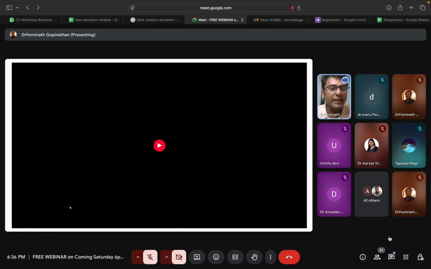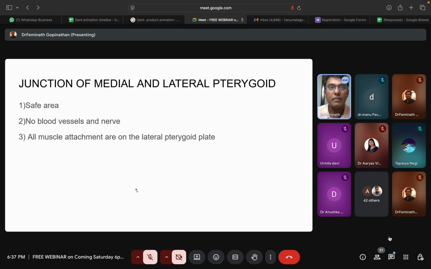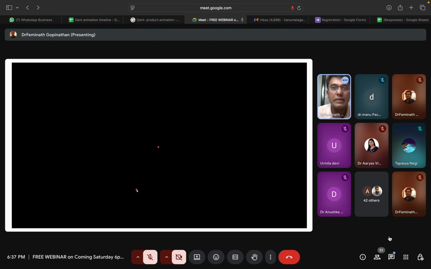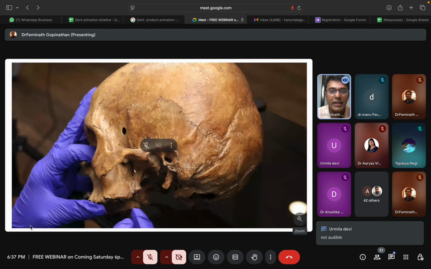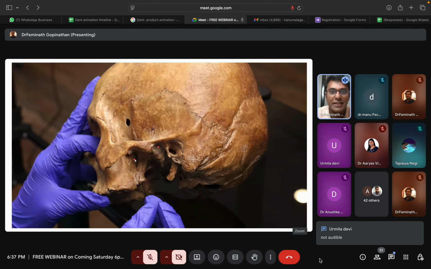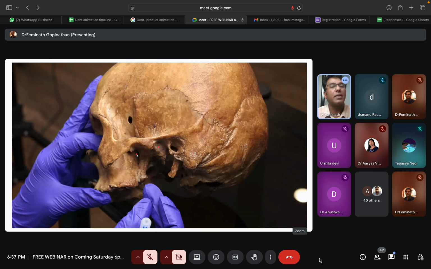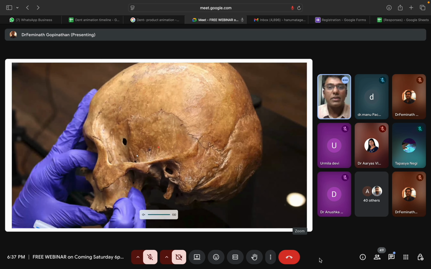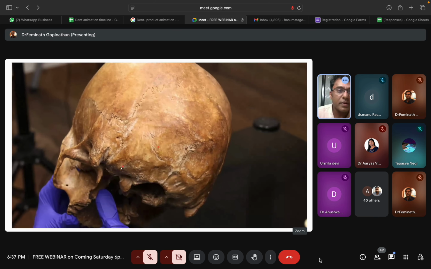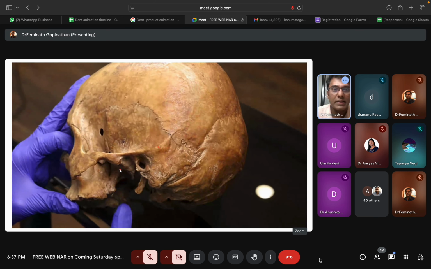So basically, I'll just show you once again. I'll tell you one more thing. This is the pterygomaxillary area. Let's go back one second.